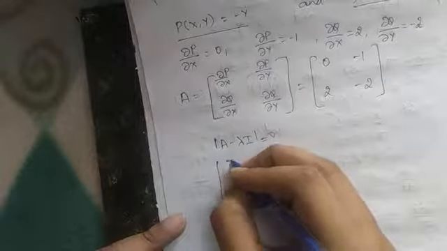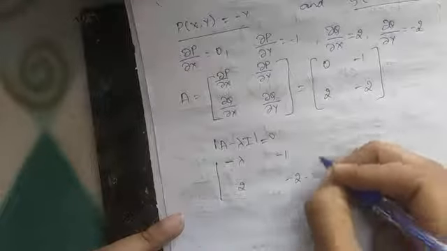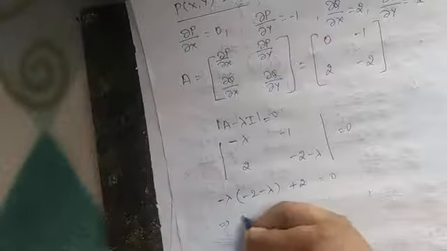So from this I can write determinant of minus lambda, minus 1, 2, minus 2 minus lambda, equal to 0. If you solve this, you will get lambda square plus 2 lambda plus 2 is equal to 0. This is nothing but a quadratic equation.